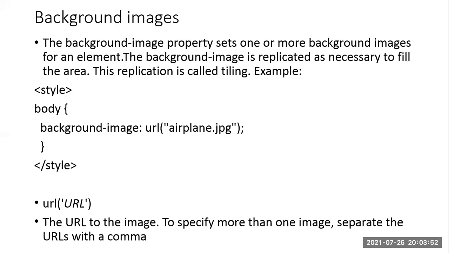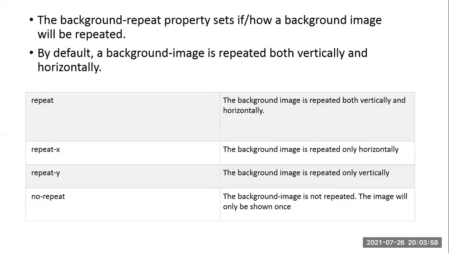This background image also takes another property, if you want to repeat the image. This background-repeat property is used to tell how many times a particular image needs to be repeated. If you want to repeat it only horizontally, you need to specify repeat-x.